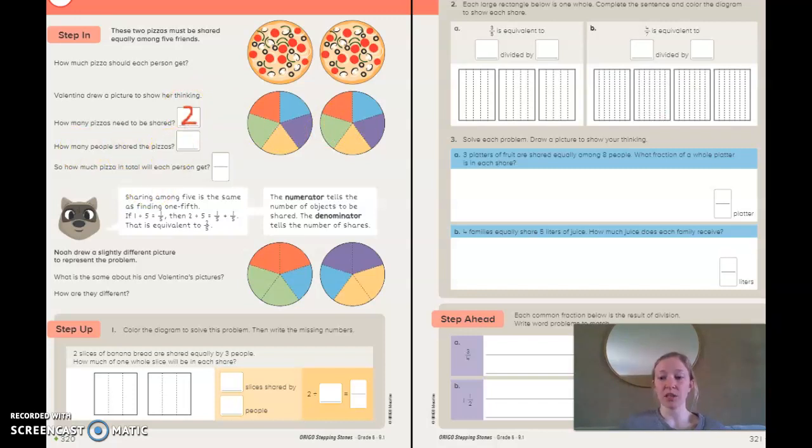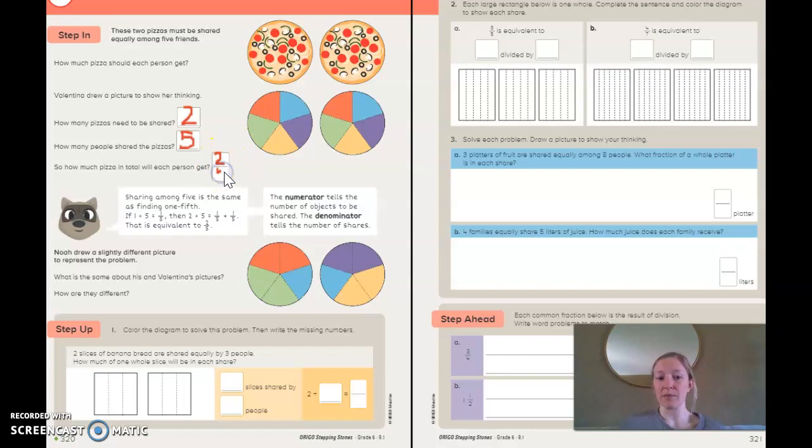How many people are sharing the pizza? Well, we just learned that, and they told us there was 5 people sharing those 2 pizzas, okay? So how much pizza in total will each person get? Well, if the red person gets this piece and this piece, they got 2 pieces out of how many total? Well, the denominator here is 5.